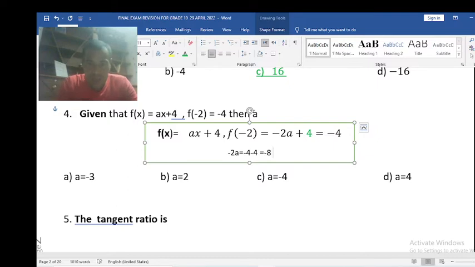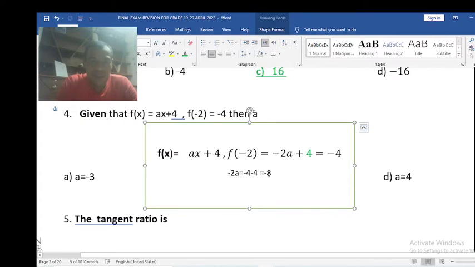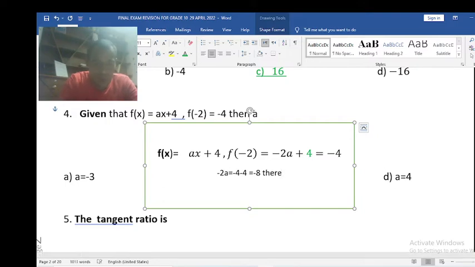Then I divide both sides by negative 2, therefore a is equal to negative 8 divided by negative 2, which gives us 4. This is the correct answer. Clear?